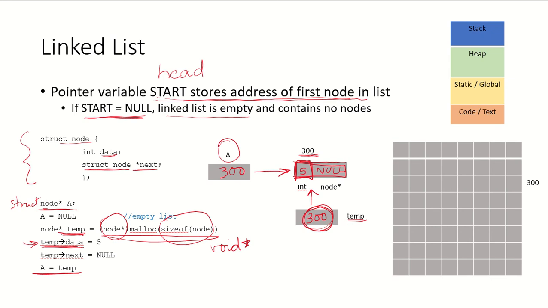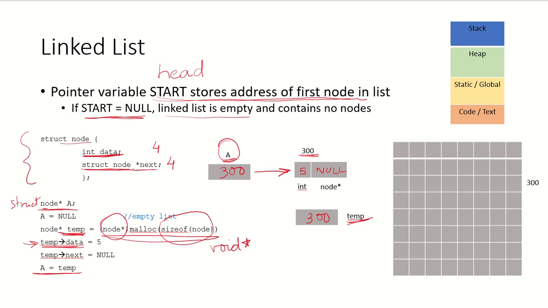Now, where is this new node being created and where are these variables temp and A? If you see this node, going by its definition, this int data would require 4 bytes. The node pointer would also require 4 bytes. That means this node requires 8 bytes of data.